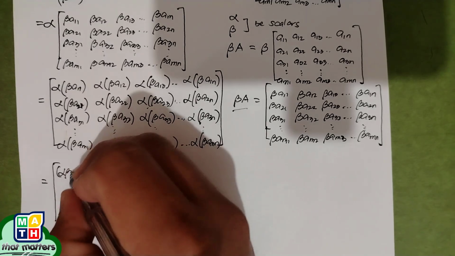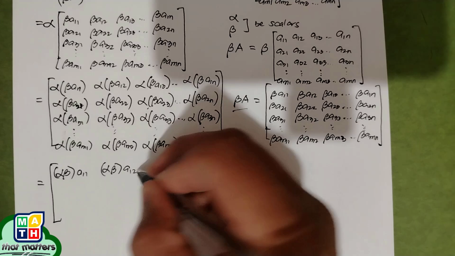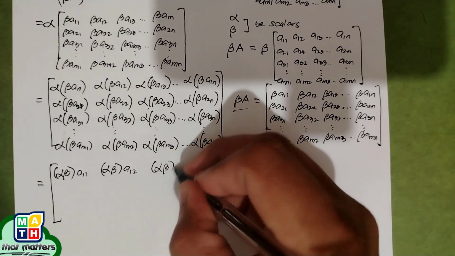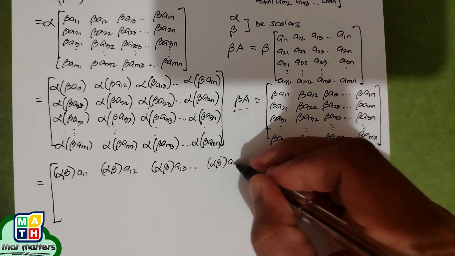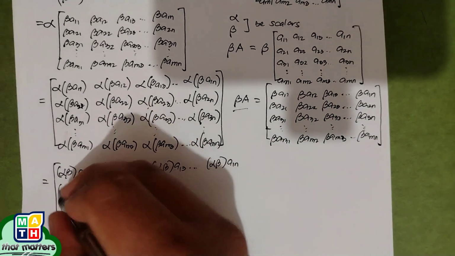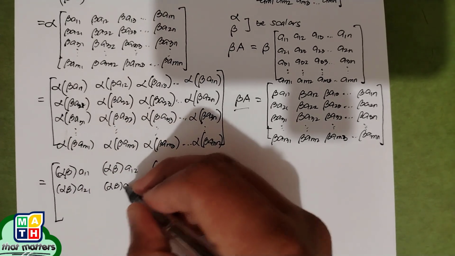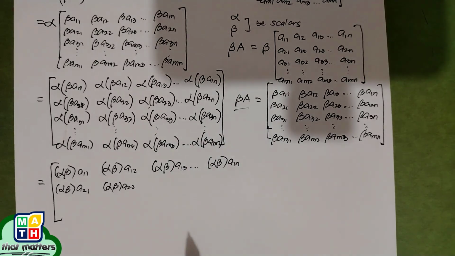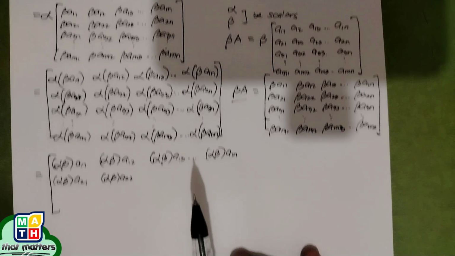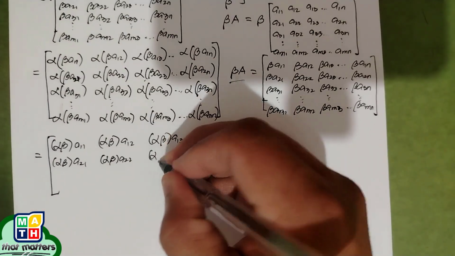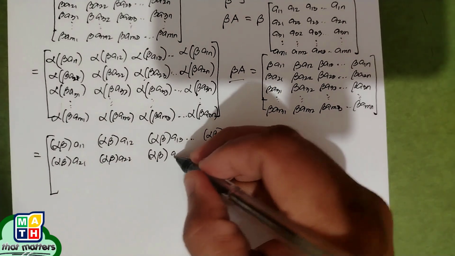You can group the scalar alpha beta A11, alpha beta A12, alpha beta A13, dot dot dot, alpha beta A1n. Okay, alpha beta A21, alpha beta A22. It's also important for us to remember our end goal here so that we could actually think of what will happen in our proof. Alpha beta, that's why we are grouping now alpha and beta.